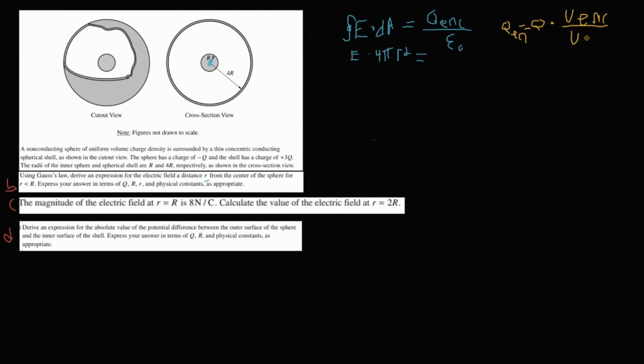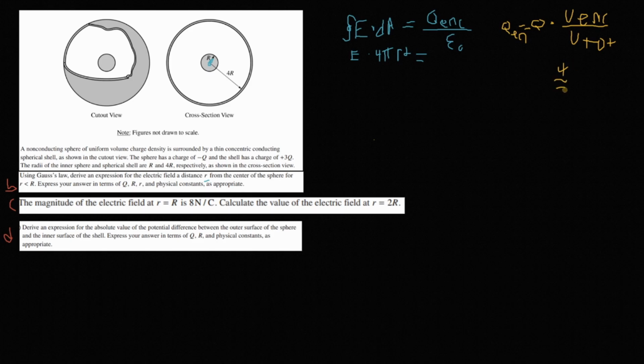So V enclosed over V total. The volume enclosed is just the volume of the sphere of little r.